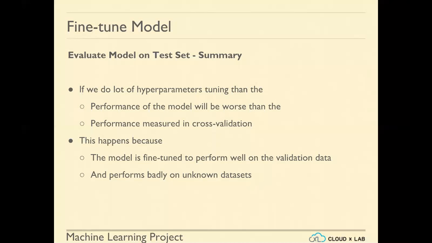This happens because the model is fine-tuned to perform well on the validation data and perform badly on unknown data sets. At many points, when we are doing too much hyperparameter tuning, we're just trying to figure out if we are lucky with the current data set.